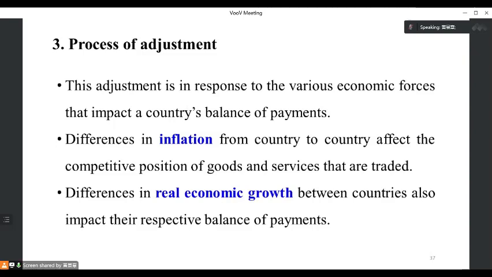Difference in inflation from country to country affects the competitive positions of goods and services that are traded. Difference in real economic growth between countries also impacts their respective balance of payments.